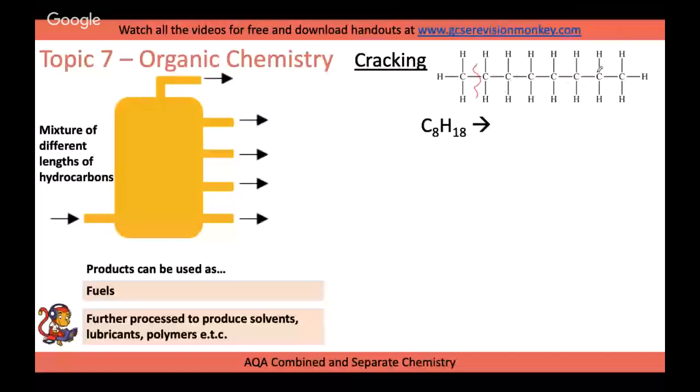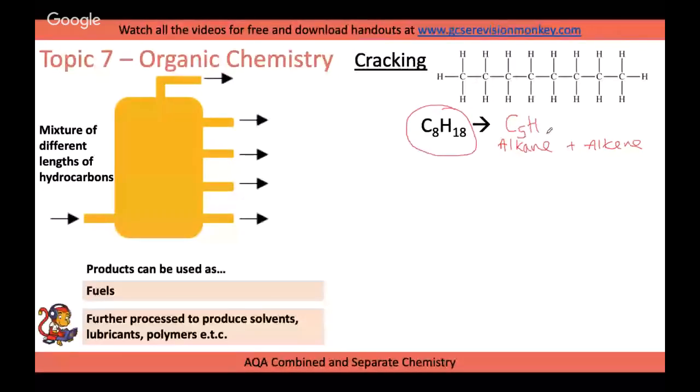So let's say we started with a long molecule like C8H18. When you crack it, you produce another alkane with single bonds and something called an alkene that has a double carbon-carbon bond. Let's say the alkane that we produced had 5 carbons, so it would be C5H, and we need to double that up and add 2, so 12.